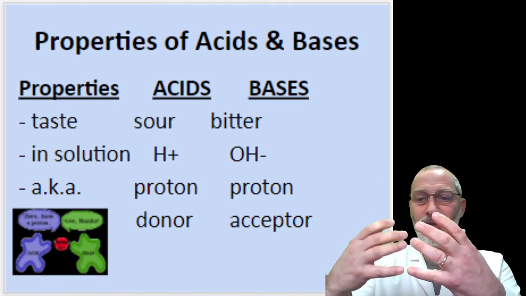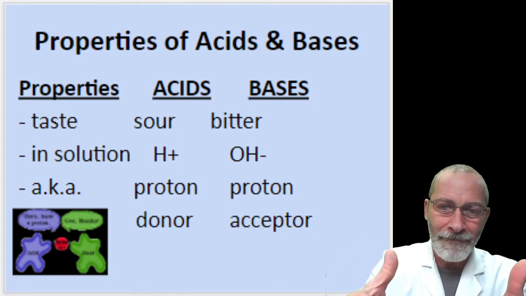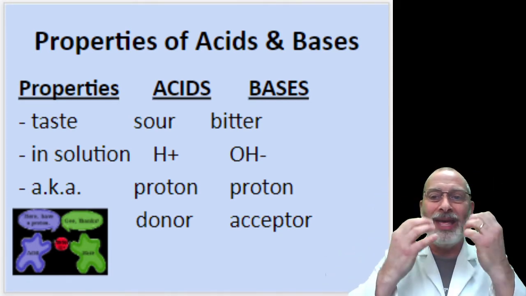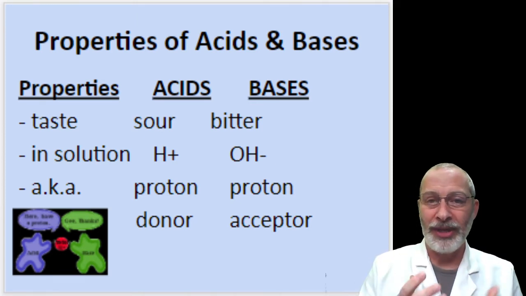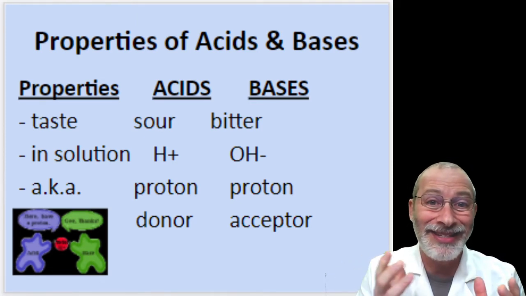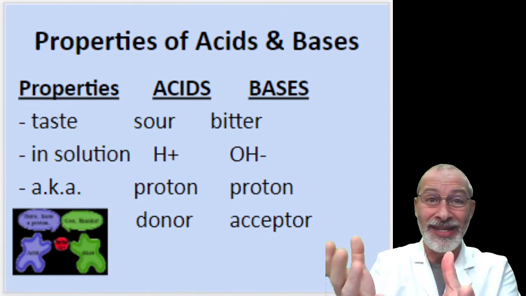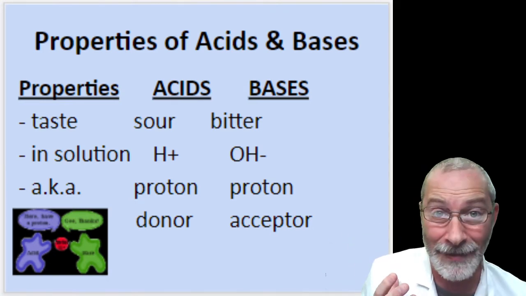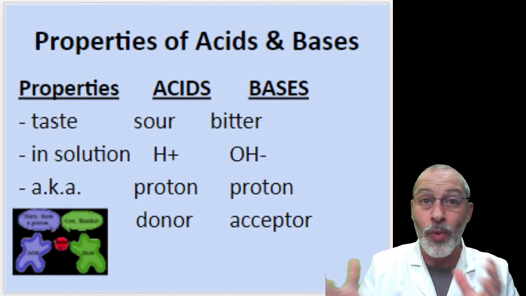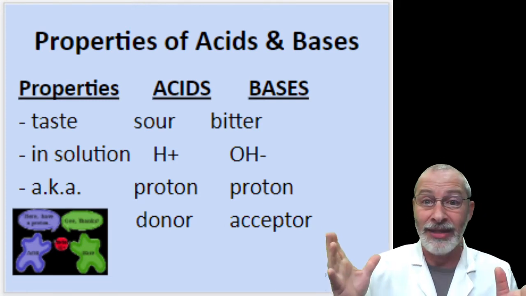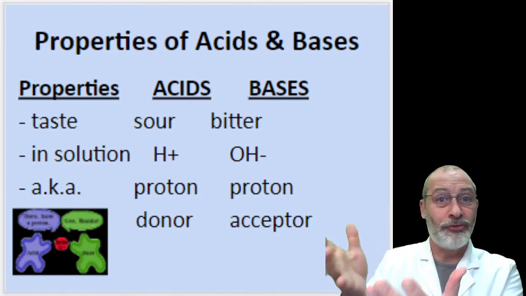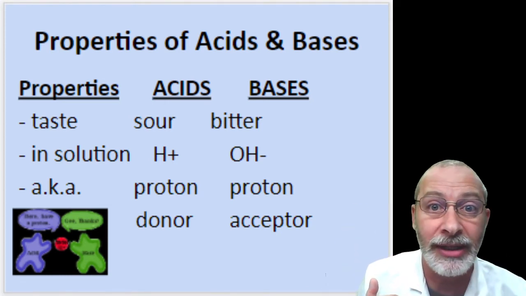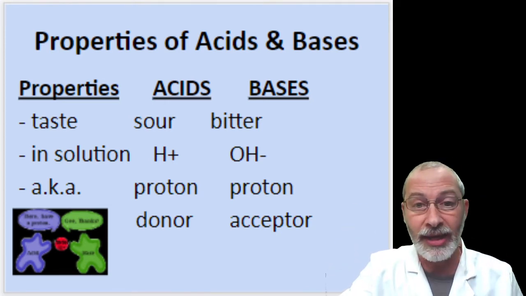So acids readily give up a proton. Bases readily accept protons. That's one of the interesting interplays between acids and bases. One likes to give and one likes to get, and they work together that way. It's not that bases are greedy or anything like that. Acids freely give and bases freely get. That's just the way it is.